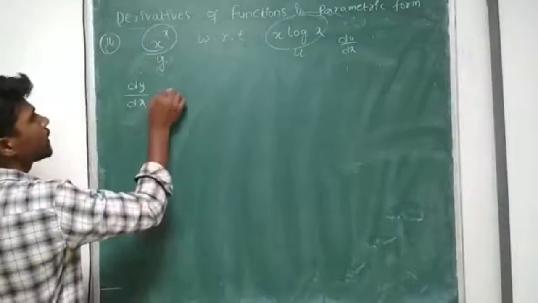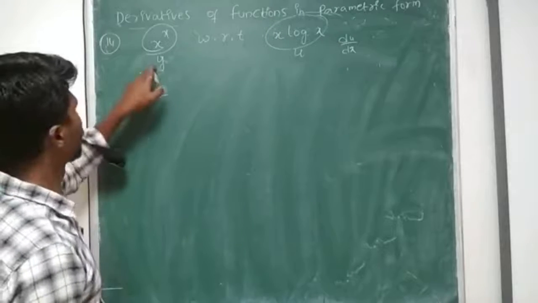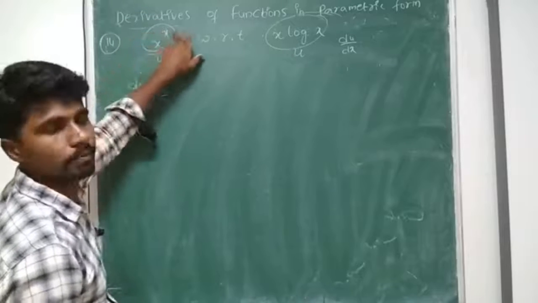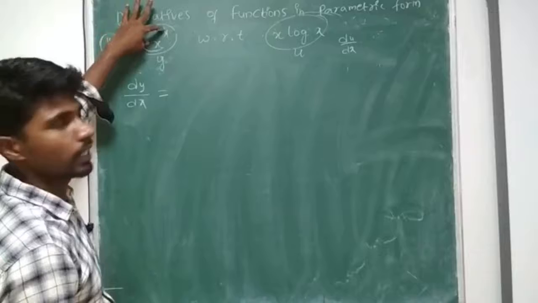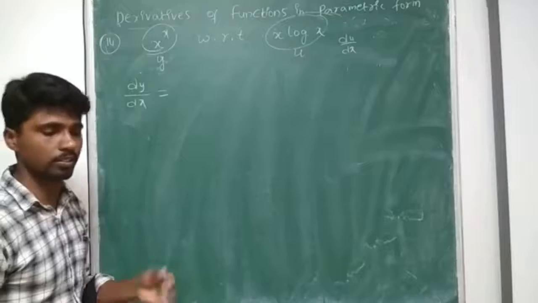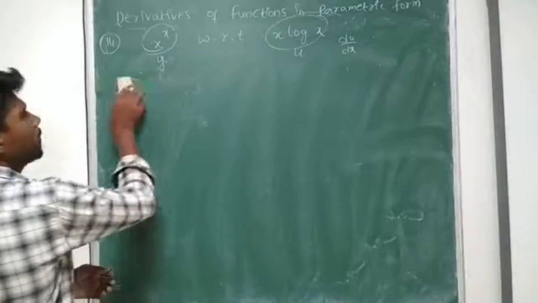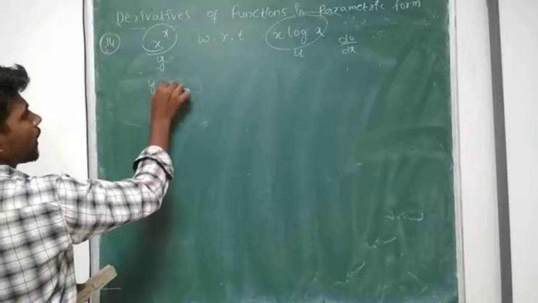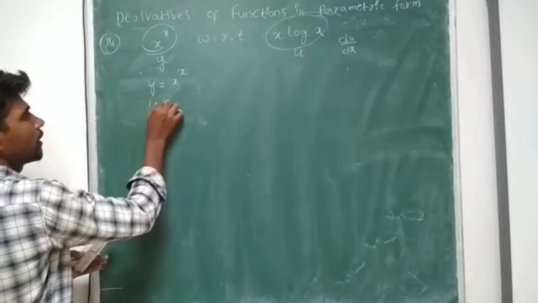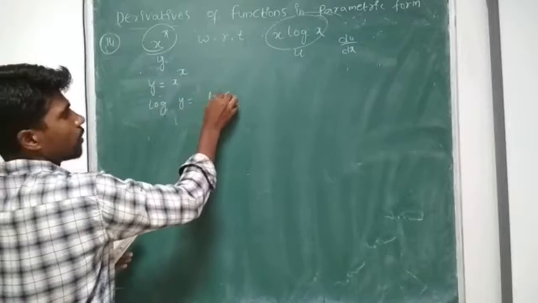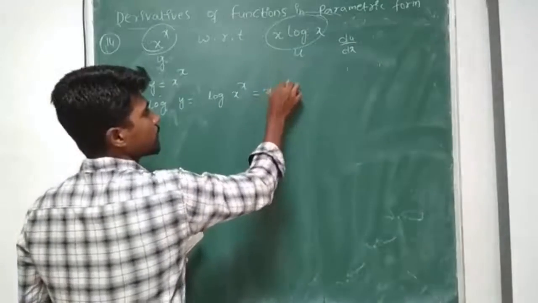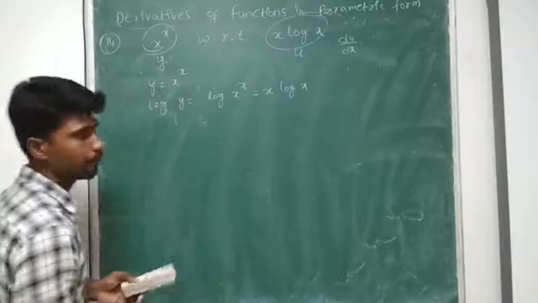Now dy by dx: y is expressed as x to the power of x, function to the power of function. Actually, we have done the derivative of x power x, which is nothing but x power x into 1 plus log x. Let me do it again. I consider y as x to the power of x. Apply log on both sides. We get log y is equal to log x to the power of x, which can be simplified as x into log x. Right?